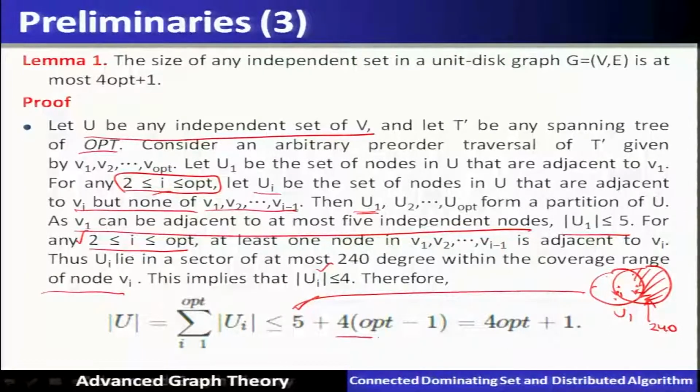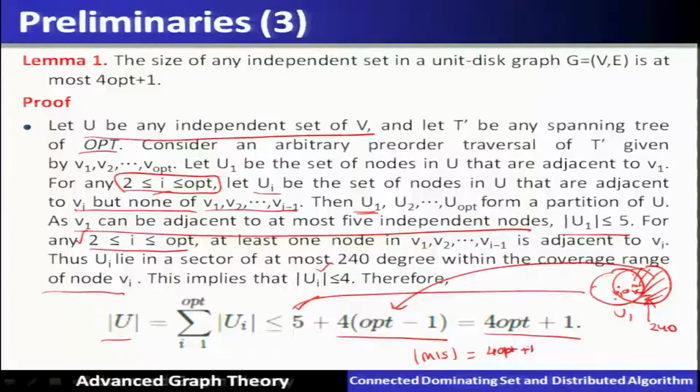Hence the maximum independent set in this particular Ui, if we count, is 4 times opt minus 1. So that comes out to be 4 opt plus 1. Hence the size of the maximal independent set is 4 opt plus 1.